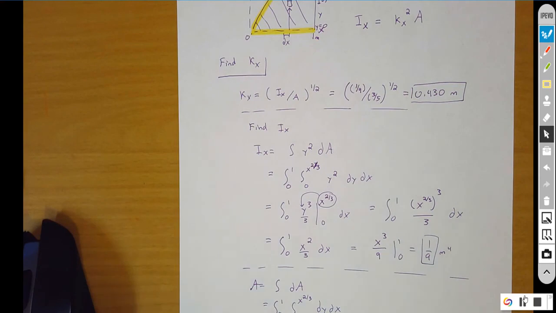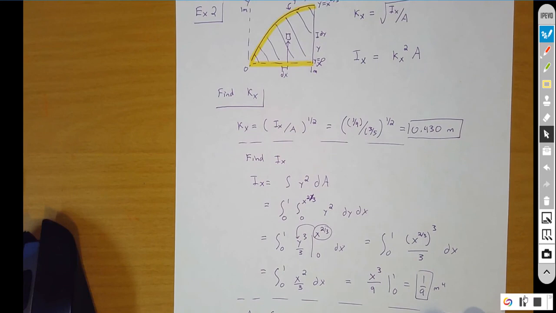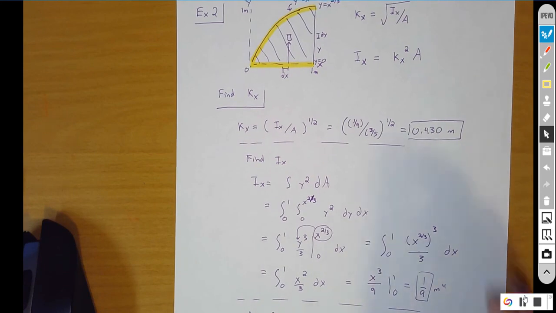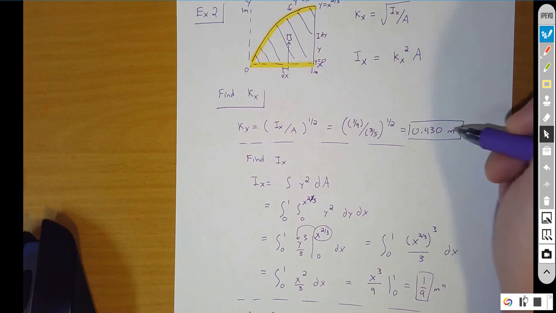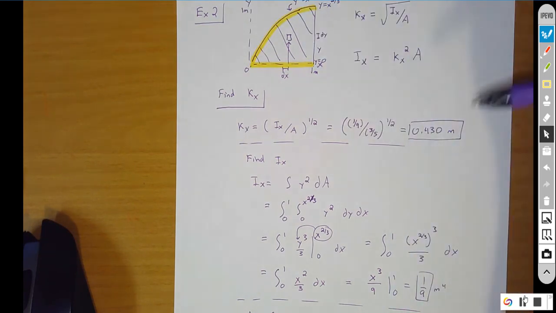So what this is simulating is if I took a mass, an area, so a concentrated area, and put it 0.43 meters away from the x-axis, that would do the same exact thing.